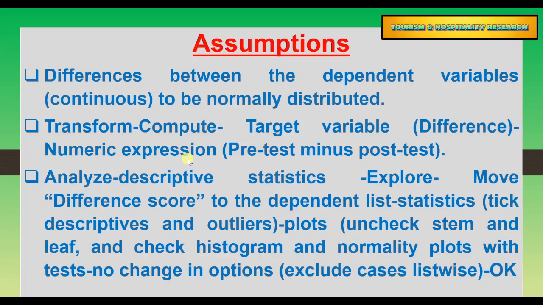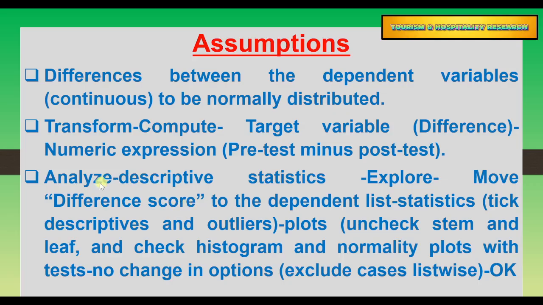After transforming the variable, that is getting the difference between the pre-test and the post-test scores, the next step is to analyze the normality and check for the outliers in this new variable, which is the difference score between the pre-test and the post-test.